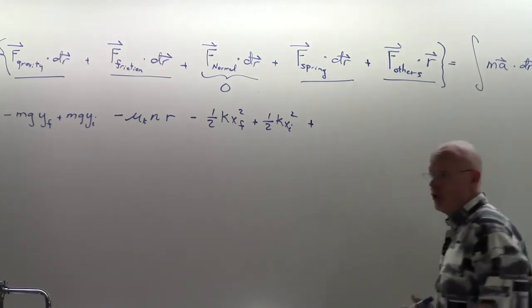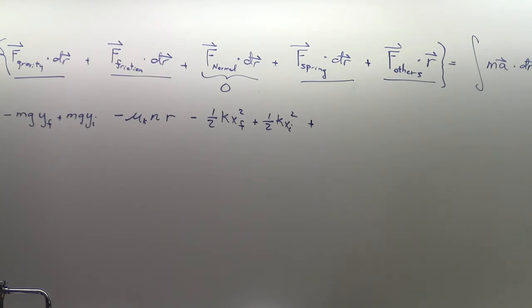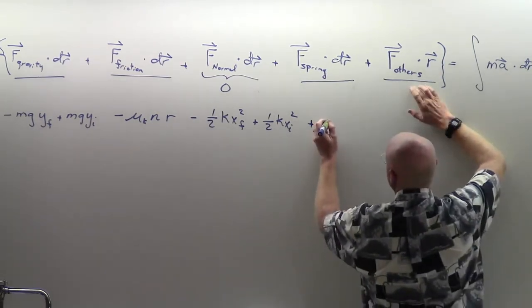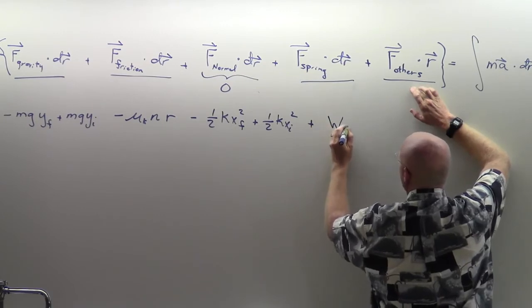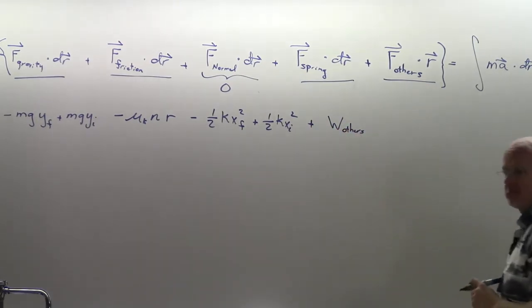I didn't actually do the integral, I just left it there so that we could do the integral, because I don't want to specify what the other forces are. There'll be some problems where we have forces that are more than just gravity or a spring or friction, but that'll be most of our problems. So why don't I just say this right here is the work done by other forces.